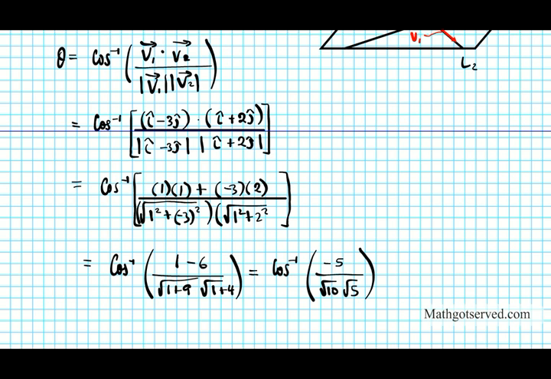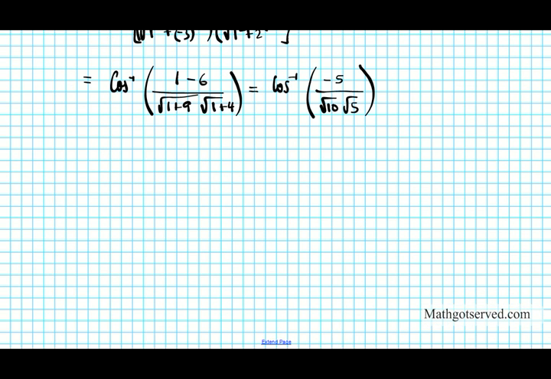Okay? Now, since cosine is an odd function, this minus, I can drop the sign. We're looking for the acute angle, okay? So we're just going to be restricted to the first quadrant. So we can drop the sign, it becomes 5 over the square root of 50. Okay, so there goes what theta is.